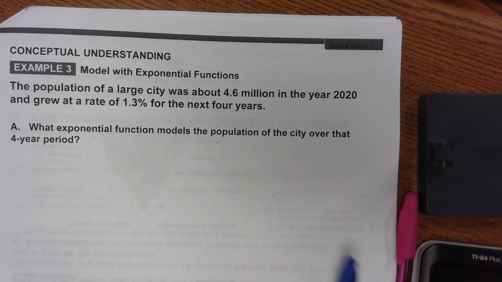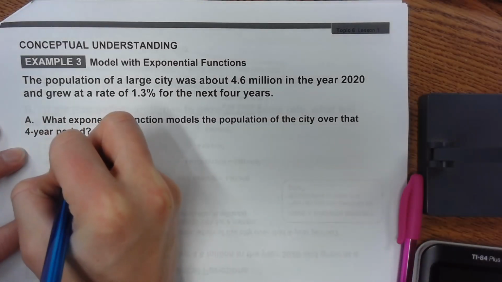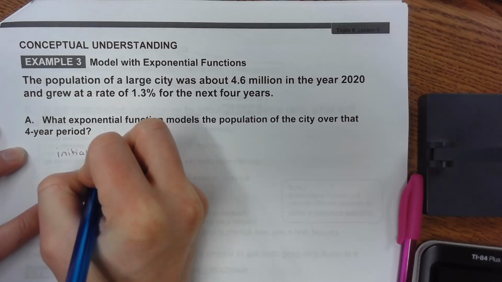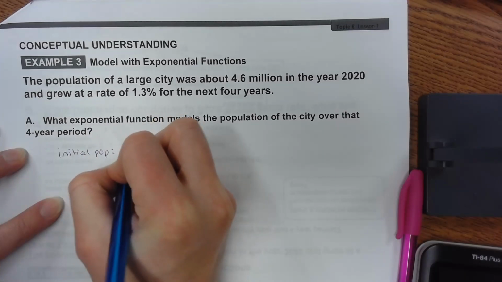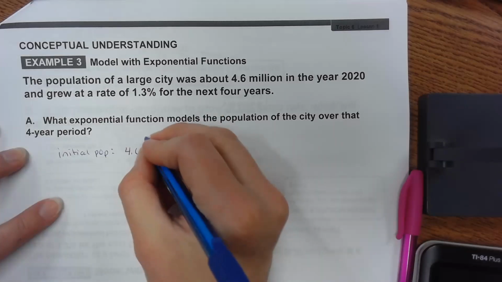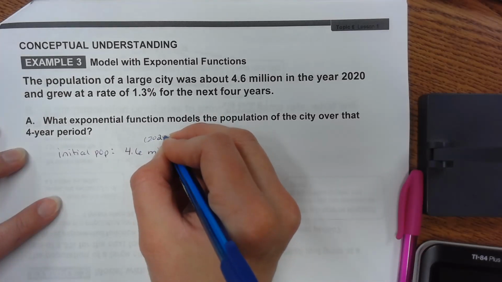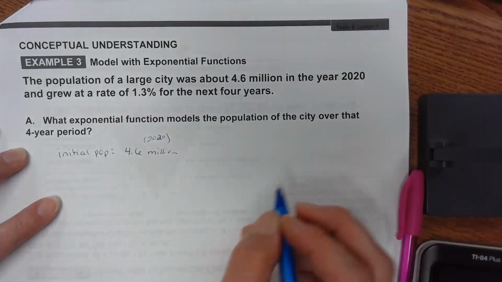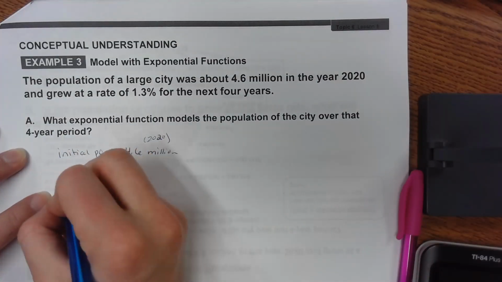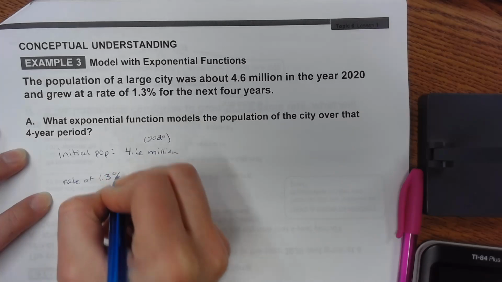So we've got to gather some information. We have the initial population was 4.6 million, 2020. And it grew at a rate of 1.3%.